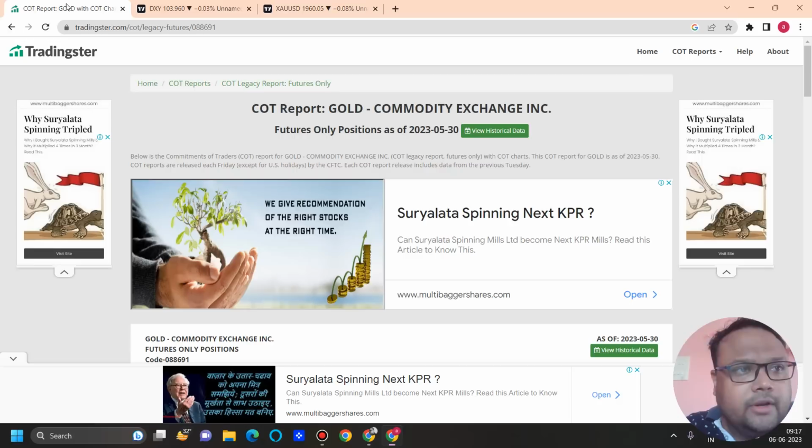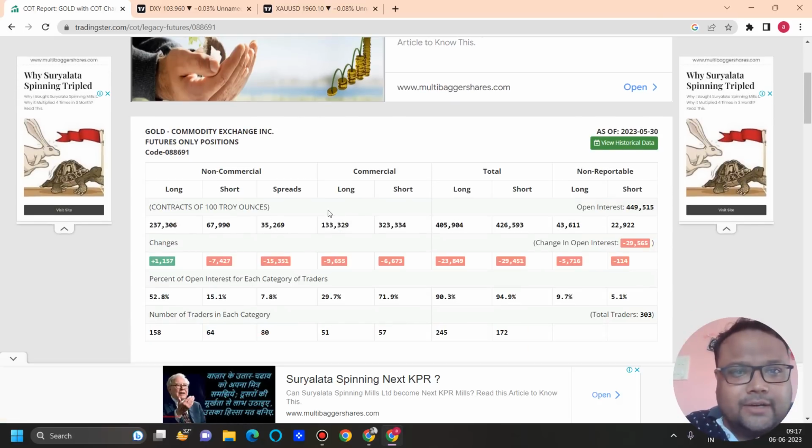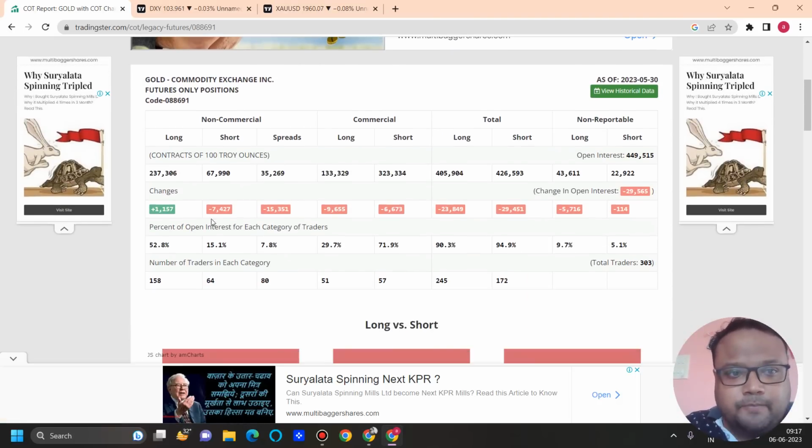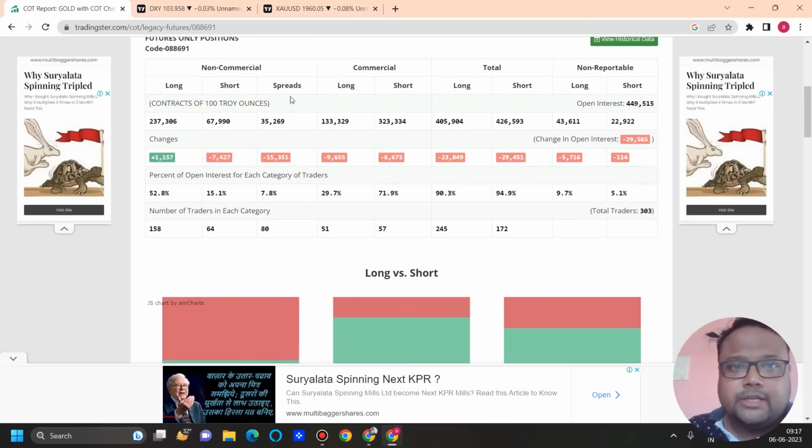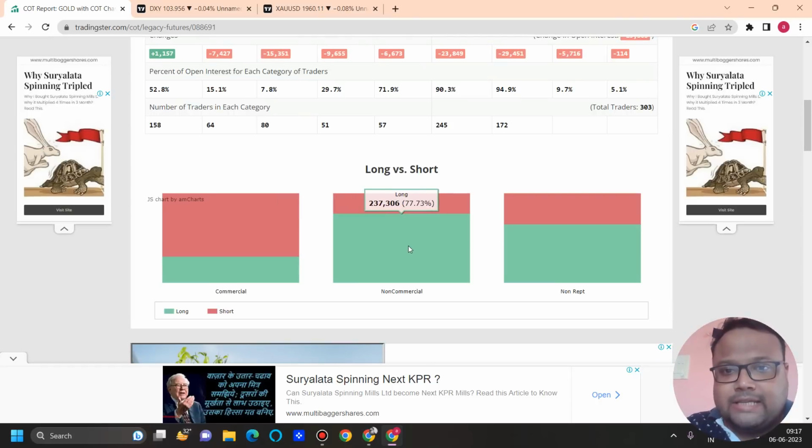And my dear friends, if we look at the COT data, we can see the non-commercial section. More than 1,000 contracts, 1157 contracts, have been added to the long position, and there has been a winding out of 7,000 contracts on the short side.